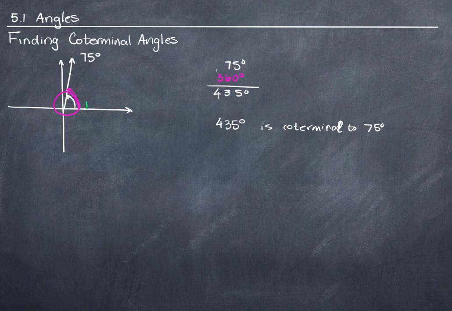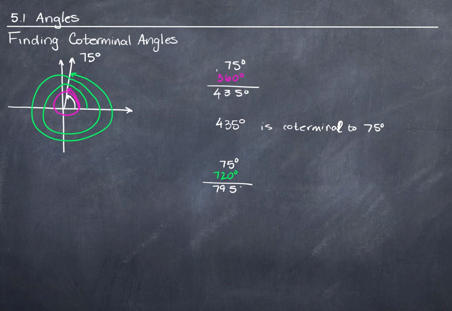Now, if I take that white angle that I started with, and add 360 degrees, and then add another 360 degrees, I get another angle that's coterminal to 75. So this time I added 360 degrees twice, that's 720 degrees. If I add those together, I get 795, which is also coterminal to 75 degrees.